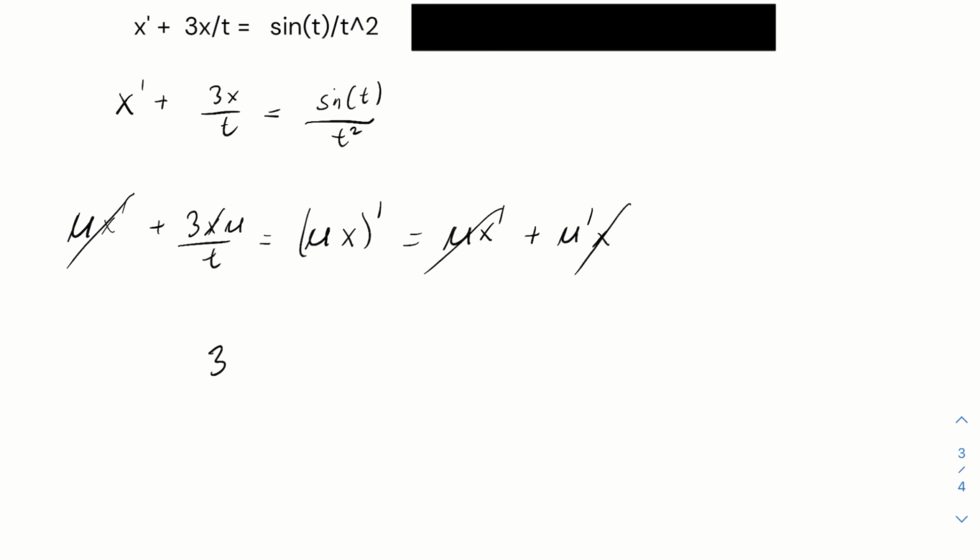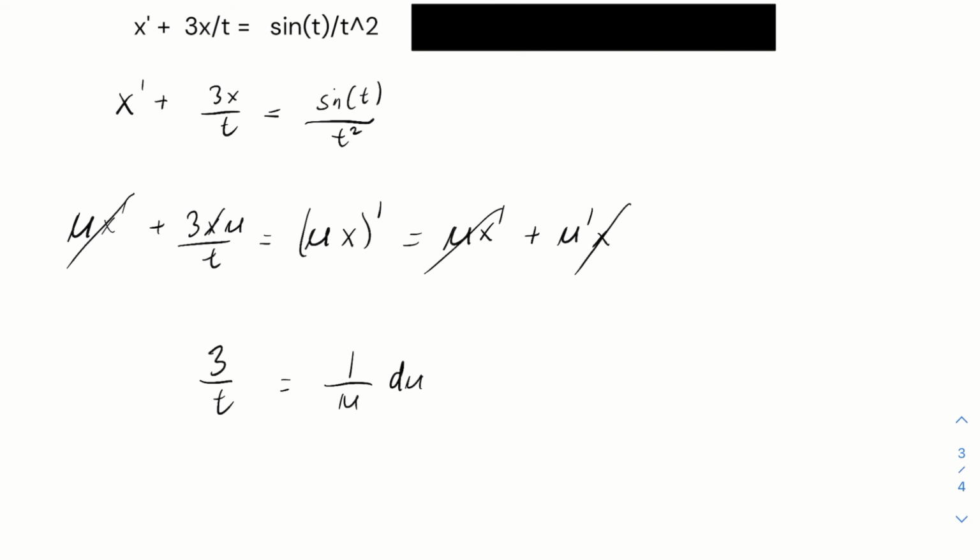So we get 3 over t equals mu prime over mu. Separate that out, it works out using natural logs most of the time.